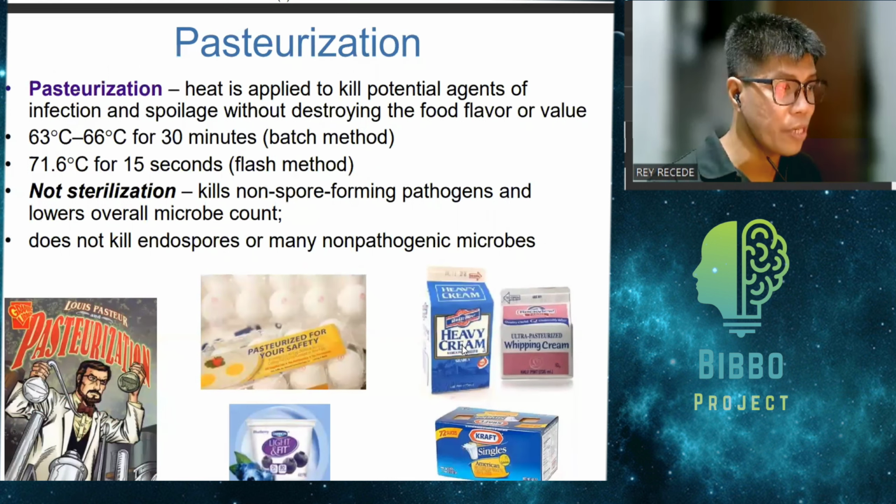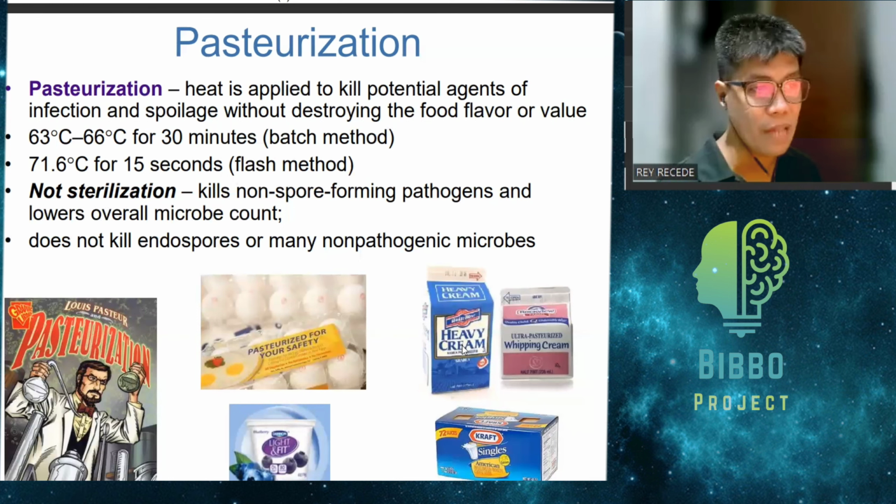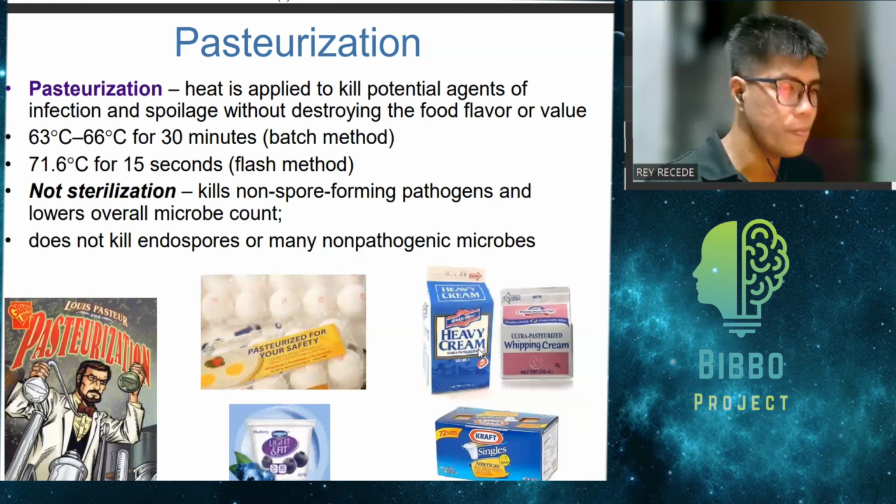There was steam coming out of the milk, and I just realized then that it was pasteurized pa na. And then you also have nut sterilization, kills non-spore forming pathogens kasi yun lang yung kaya niyang puksain, and lowers overall microbe count. Does not kill endospores or many non-pathogenic microbes.